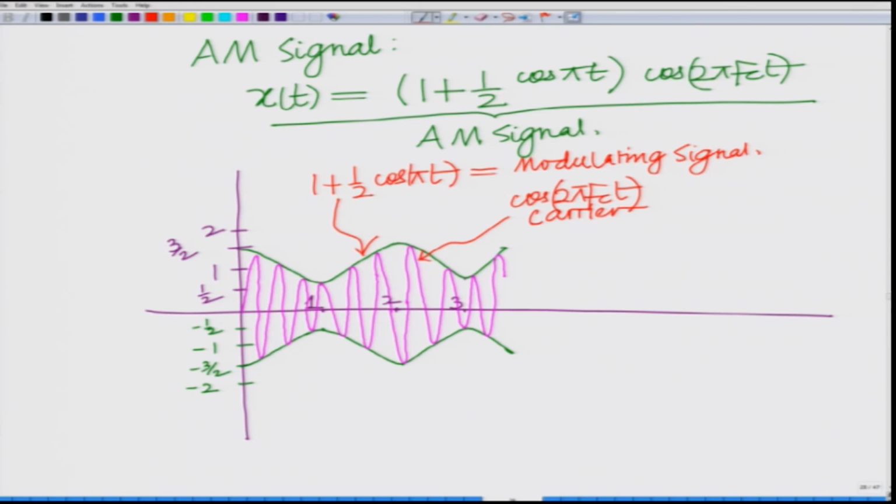Now, if you look at this, the amplitude of the carrier is modulated by the message signal.